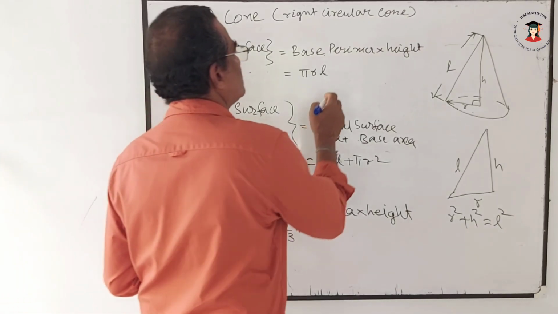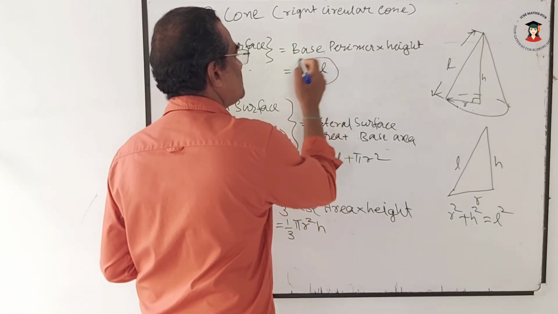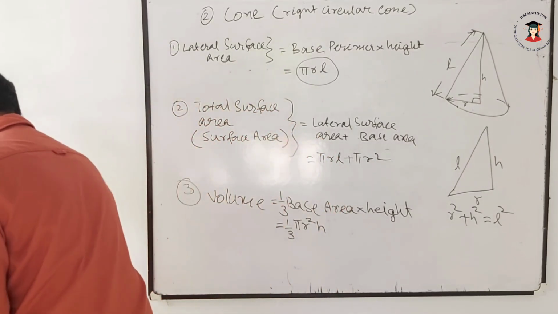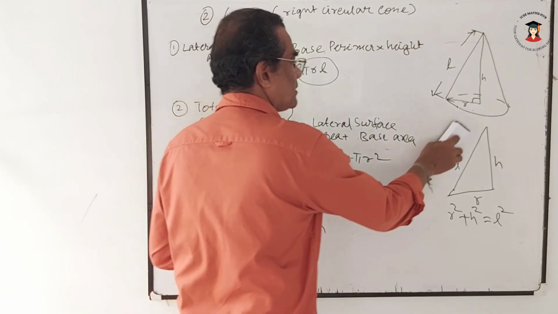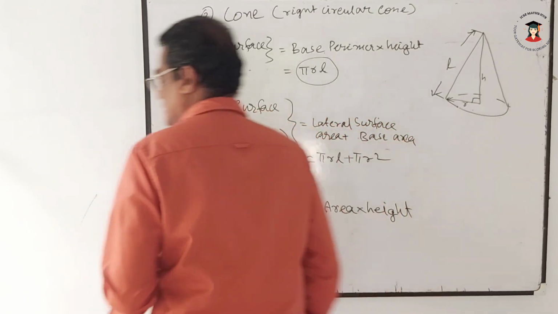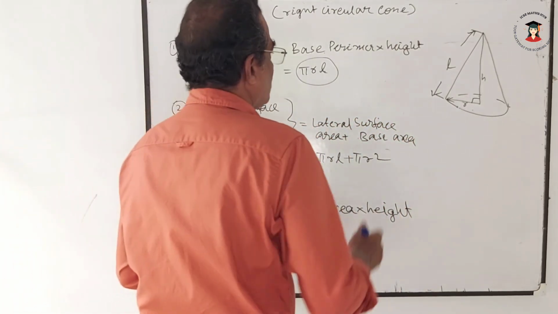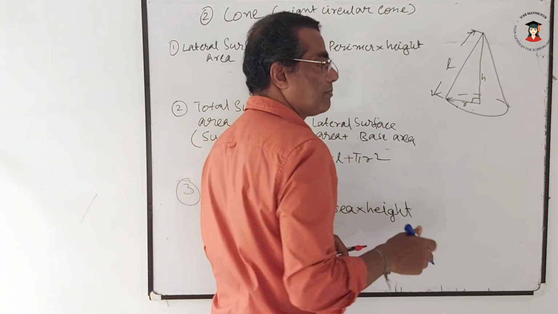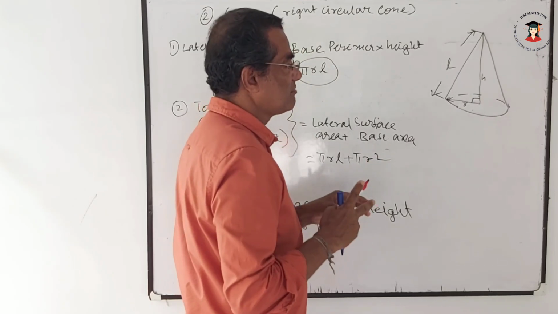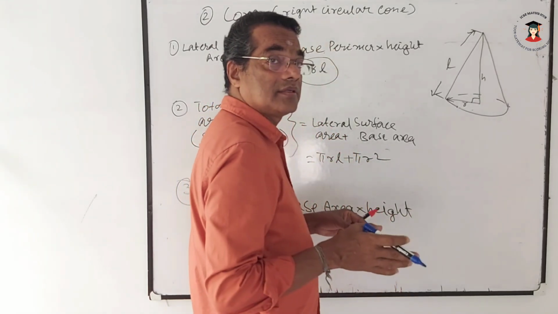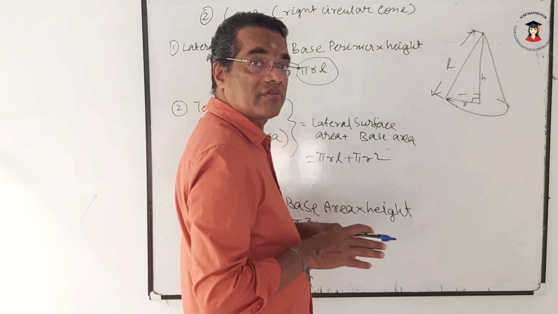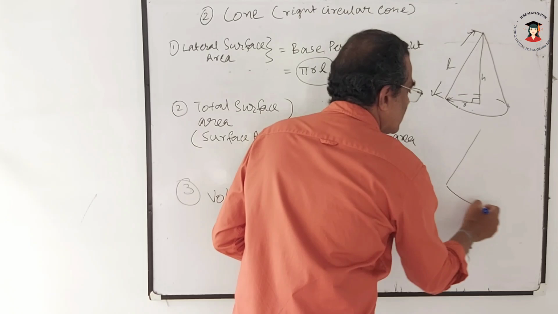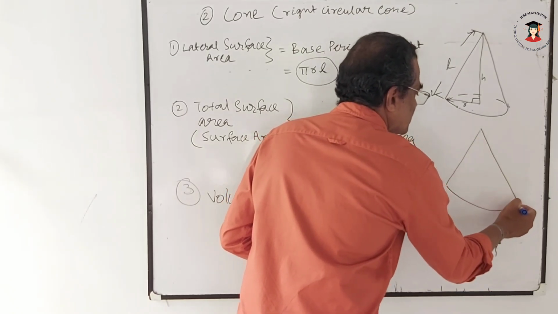How did you obtain this formula? The lateral surface area, how did you obtain it like that? Here again, if I wrap only the lateral surface with a paper, in such a way that there is no overlapping, and if I remove that paper, I will get a paper like this.